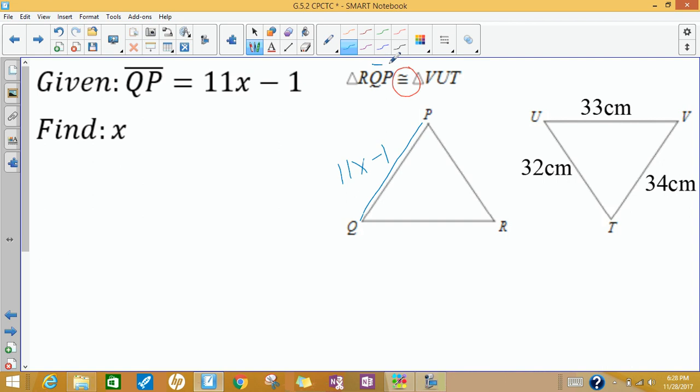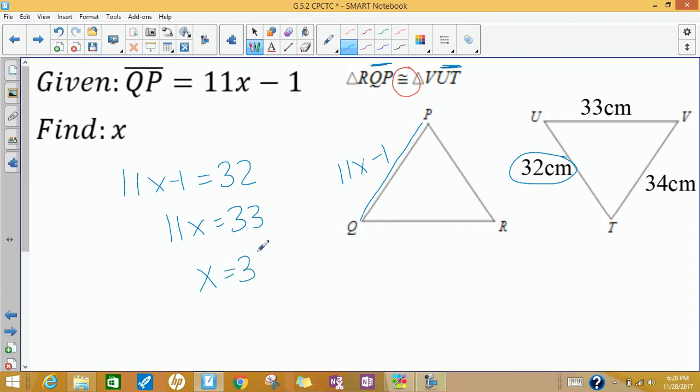So QP is my middle and my last letter, and so that means the middle and the last letter give me the side in VUT, which is UT. So that means that this 11x minus 1 should be equal to 32. I'll add 1 and divide both sides by 11 and get x to be 3.